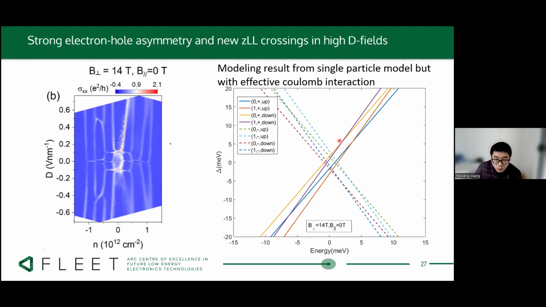After adding an effective Coulomb interaction term in the single particle model, we now can see the modeling results qualitatively agree well with the experimental results in both low D and high D fields.